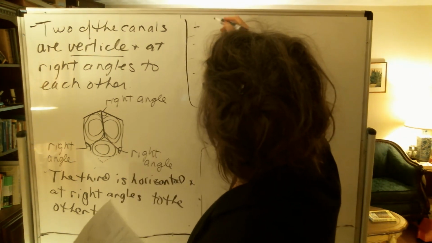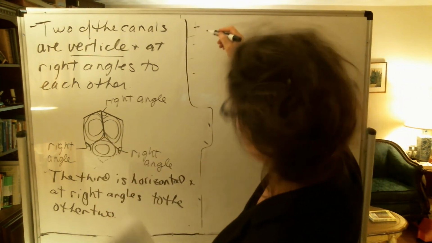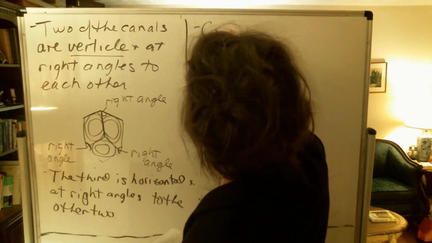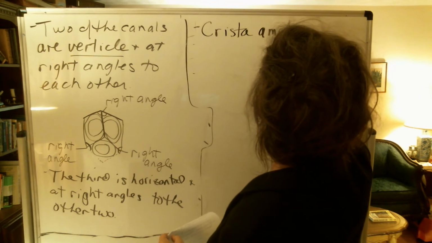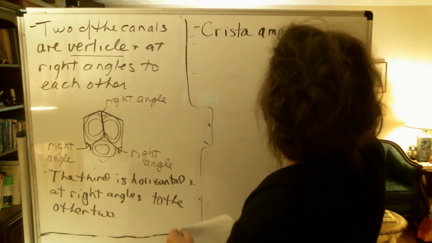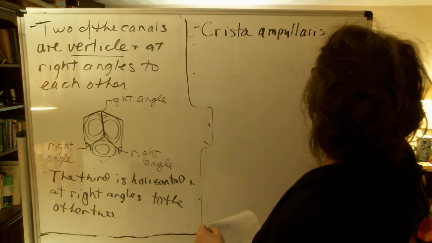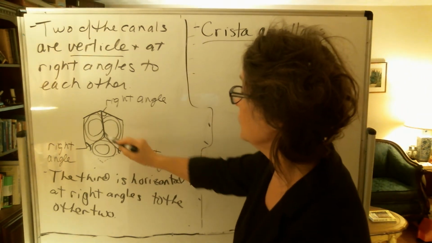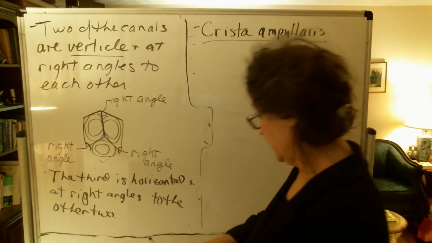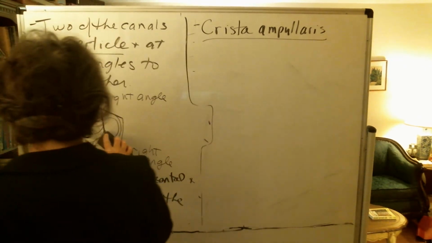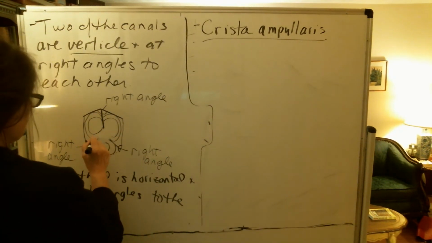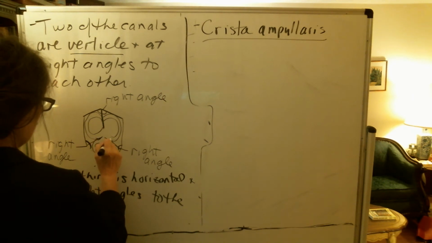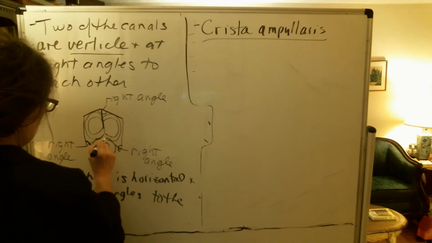So then getting back to the crista ampullaris, there is one crista ampullaris in each of these three tubes. These all meet in the middle, which I was unable to draw successfully, but let's see if we can do this a little better. There we go.